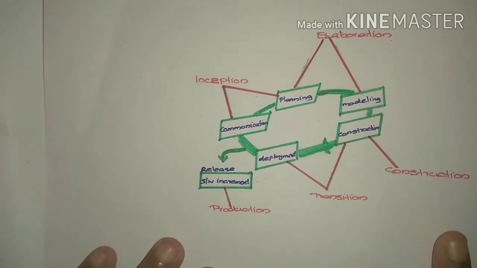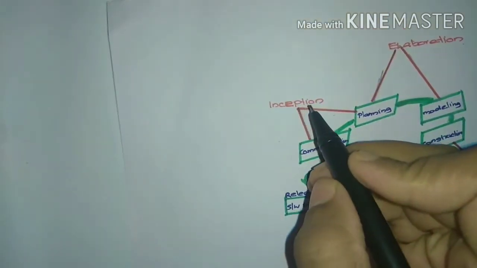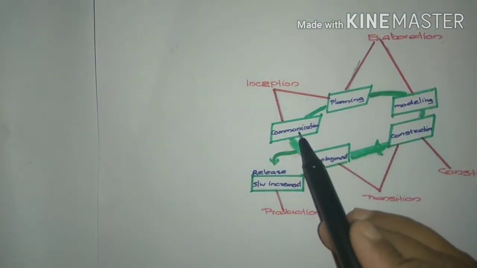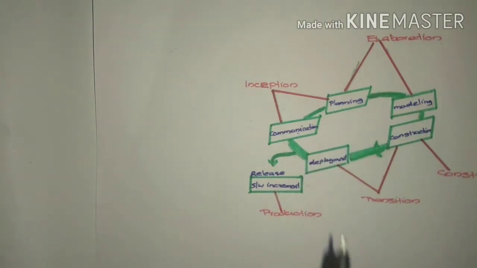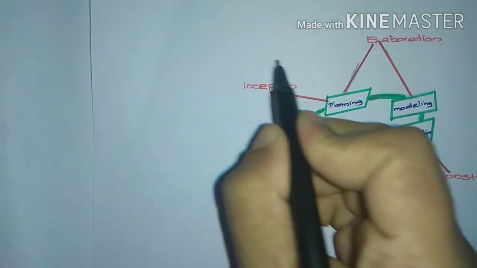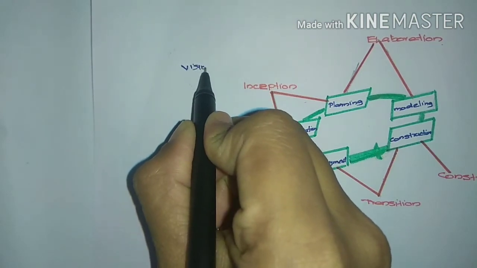Okay, so what is happening in inception phase? Inception, it is a combination of what? Communication and planning. So what are the main roles of inception phase? Here in the inception phase, the vision document is prepared.